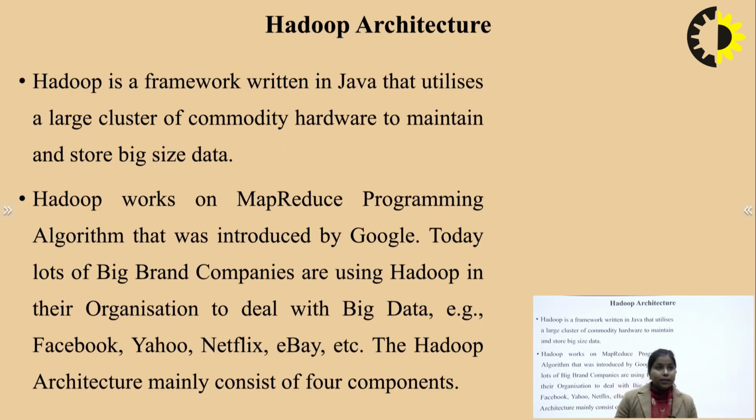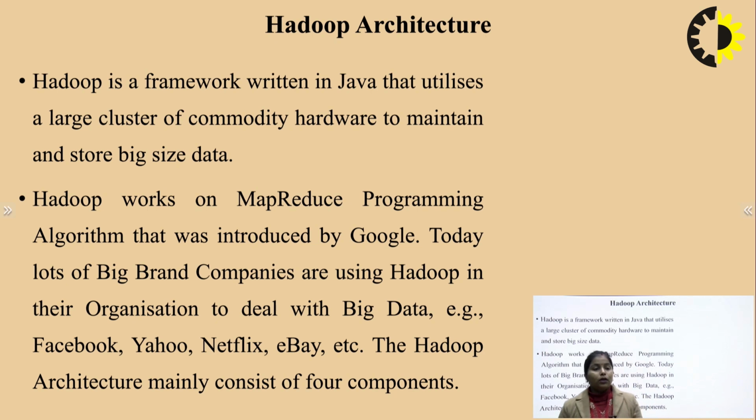Next is the Hadoop architecture. Hadoop is a framework written in Java that utilizes a large cluster of commodity hardware to maintain and store large size data. Hadoop works on the MapReduce programming algorithm that was introduced by Google.